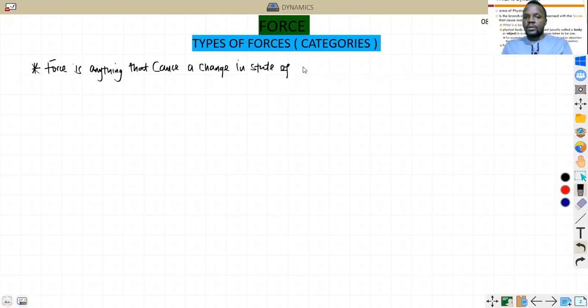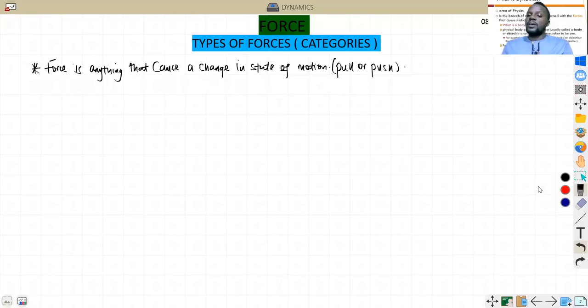So anything that causes a change in state of motion is called a force. Technically, you can also say force is either pull, which you all know when you pull, or push. A pull is like this, or a push is the other way. So pull or push.